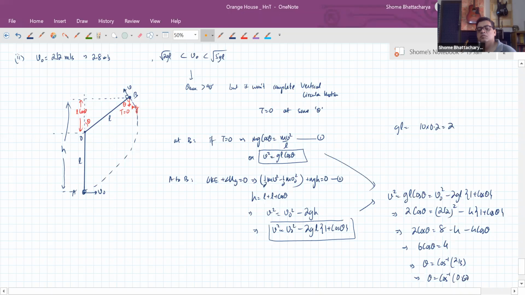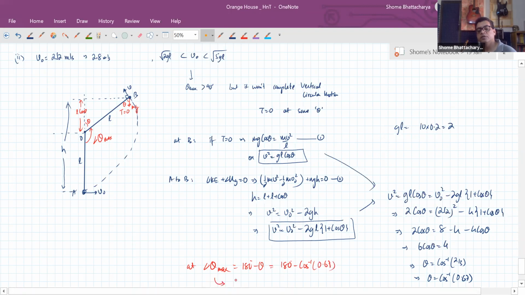So you can see that the string will slacken when it undergoes an angular displacement, okay.